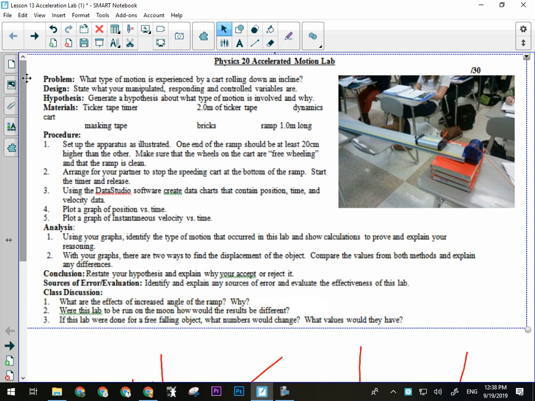The reason acceleration's not changing is because of some of the things at work here in this system, especially the force that might be helping to pull the cart down the ramp. We have no ability to change that force at all, and it should remain constant throughout the lab. If it doesn't, we're in really big trouble, and going to get really wacky results.